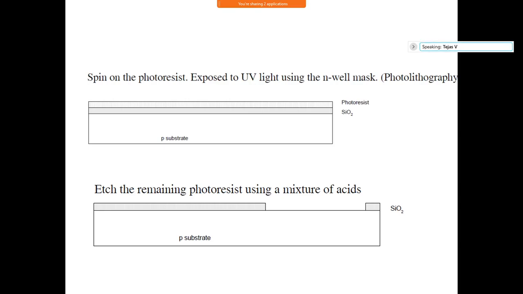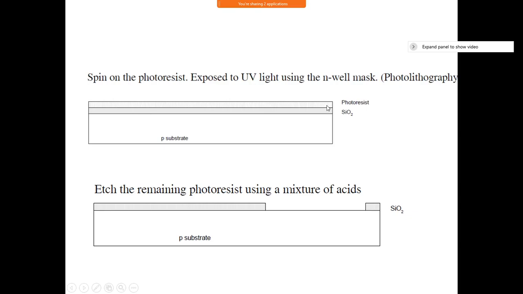Whenever you take a photograph, except your face, everything will be with a different background. So this photoresist is exposed to UV light through an N-well mask. Assume that the N-well mask has opaque here in this region. So this region is not exposed to UV light; the rest of the region is exposed.